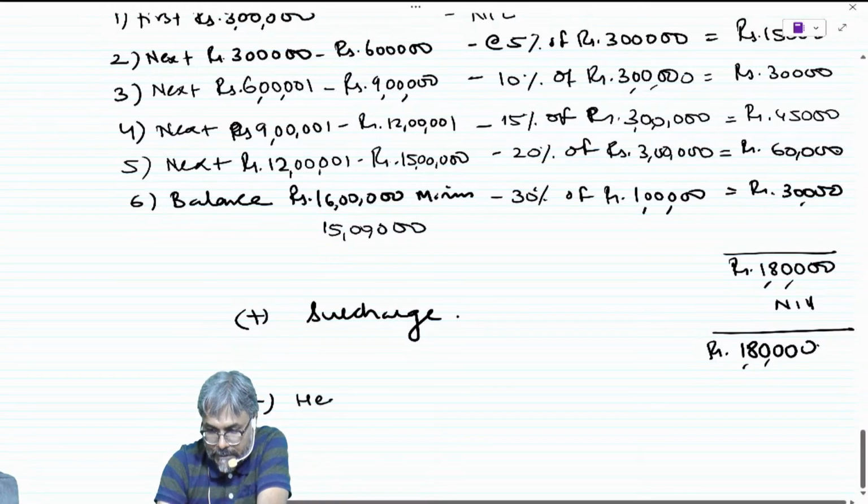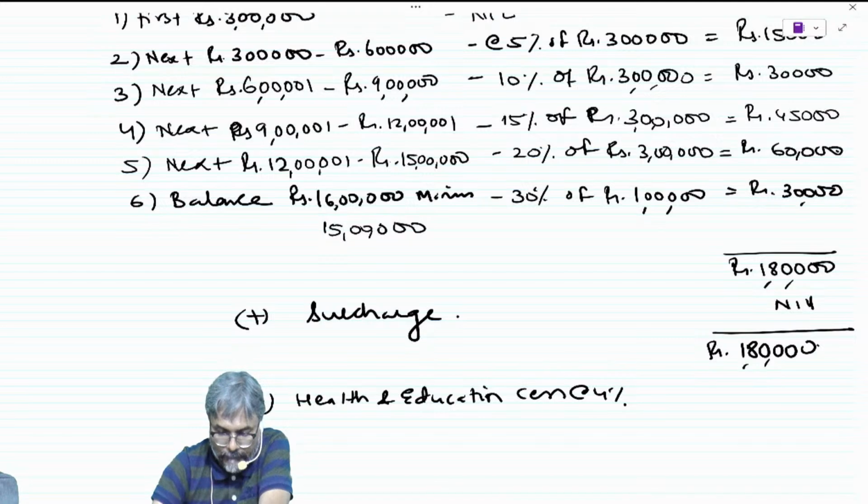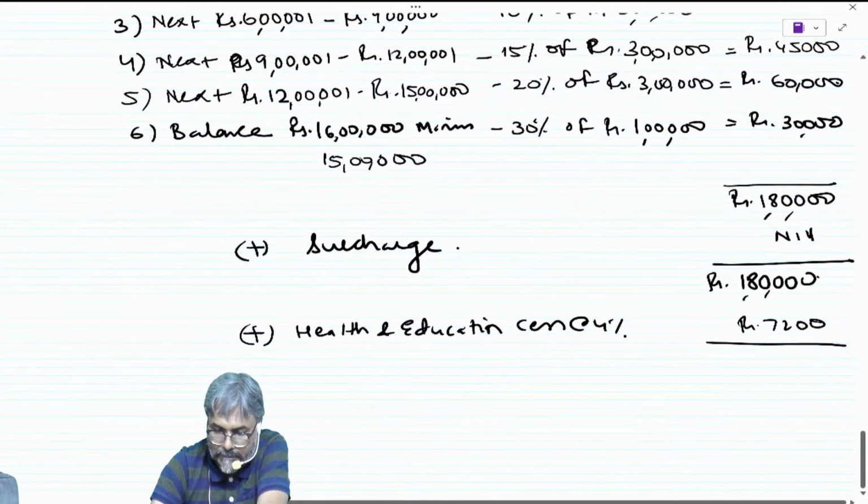Health and education cess at 4%, which is 7,200 students.